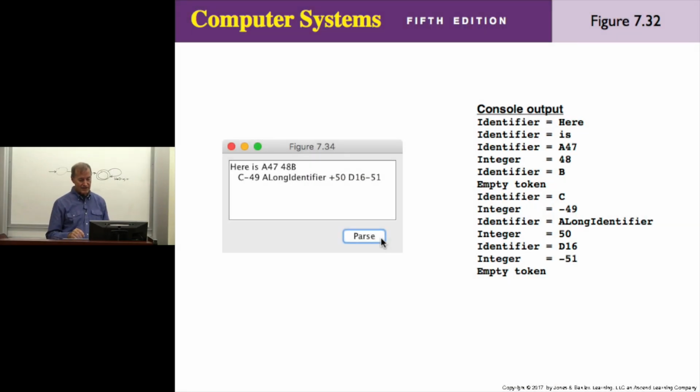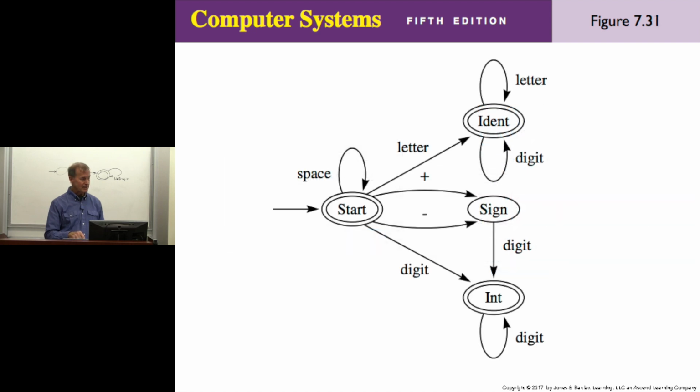And now look at this C-49 on the next line. The hyphen is right next to the C, right? When we started the finite state machine for that line, there was a space that took us to start. And then there was a C that took us to the ident state. And then there was a hyphen. But is there a transition from ident on hyphen?